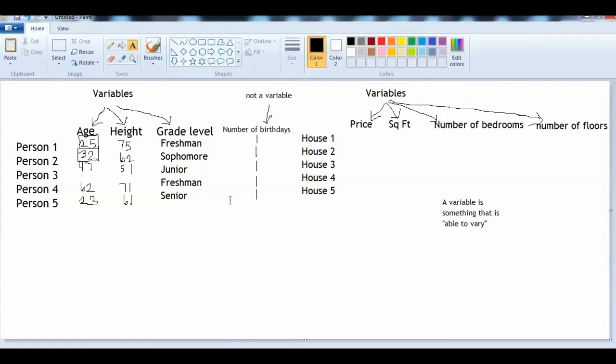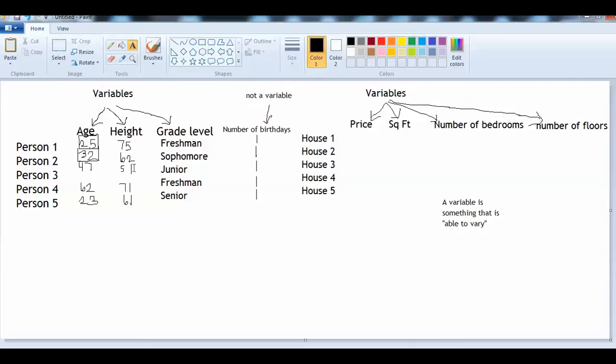And now we can talk about different types of variables. We can already see here that some variables are giving us numbers and other variables are giving us words. So this variable of height, when you think about the variable of height, each person's data value is a number or an amount.